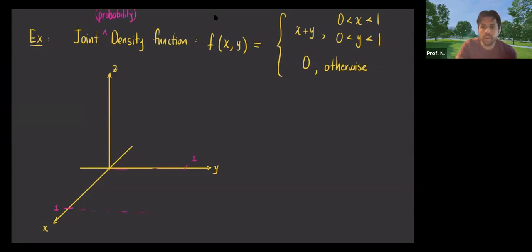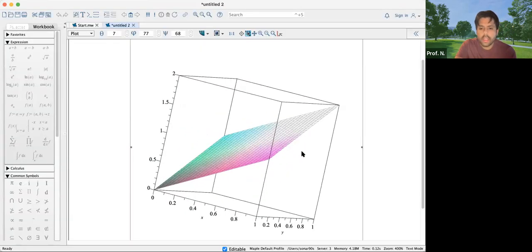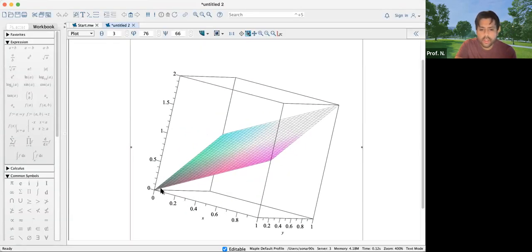If you see here, if you take all the x values from 0 to 1 and your y values are 0, you get this line here.